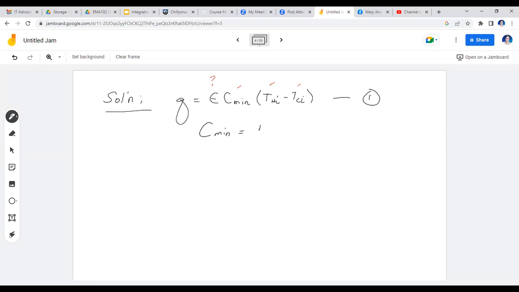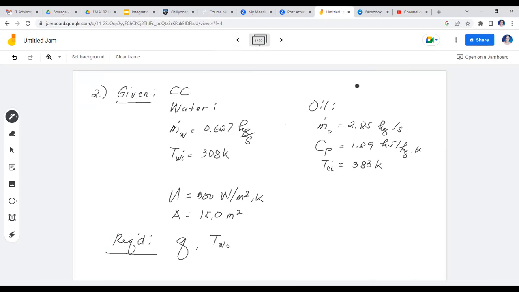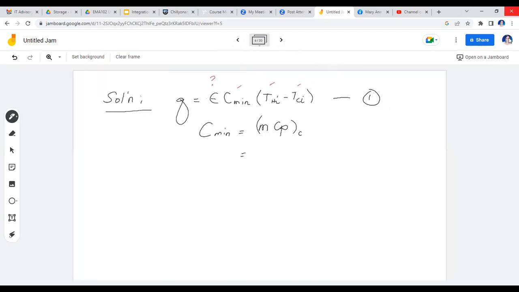C minimum is actually the MCP of the cold fluid. Now, what's the mass of the water as it enters? So you have 0.667 kilograms per second.